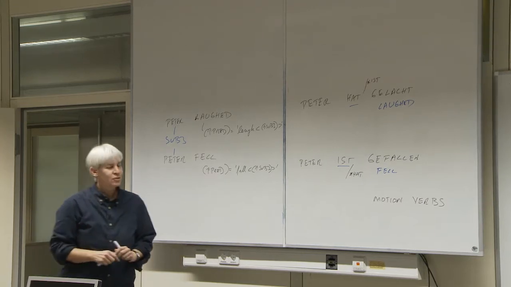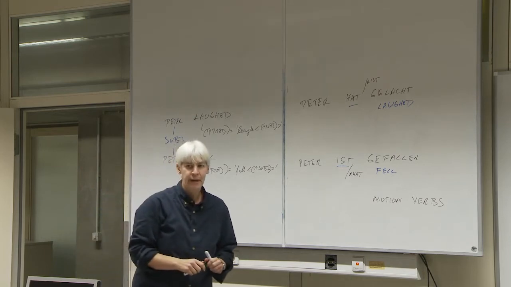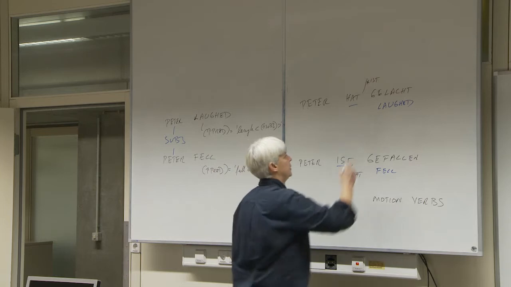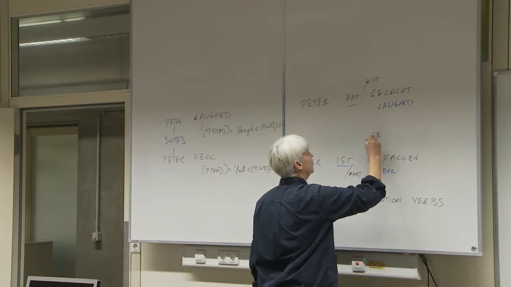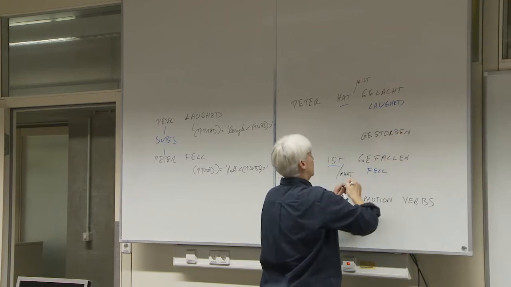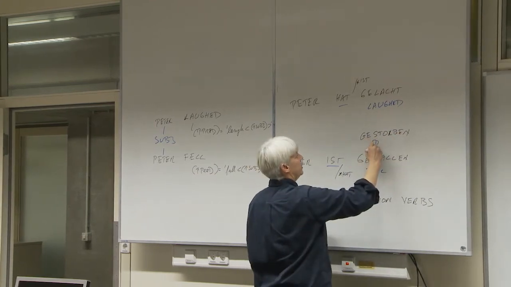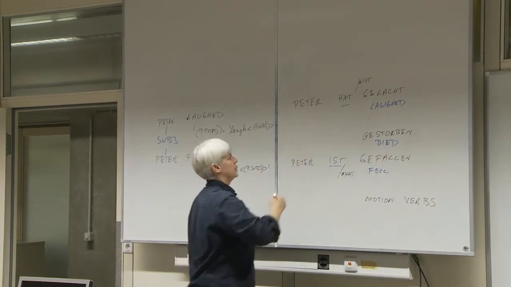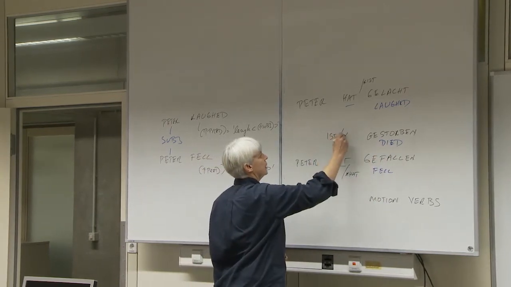Not sure that's a motion verb. Peter hat gestorben, bad again. Let me put it on here. Gestorben. Nice cheery verb on a nice foggy December. So same: ist is good, hat is not.